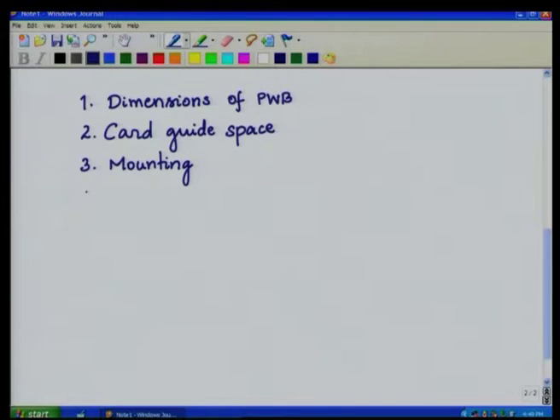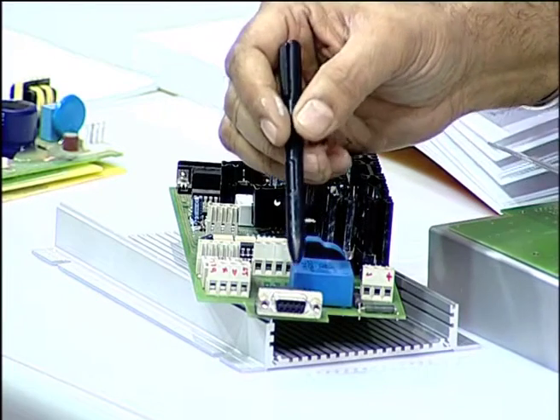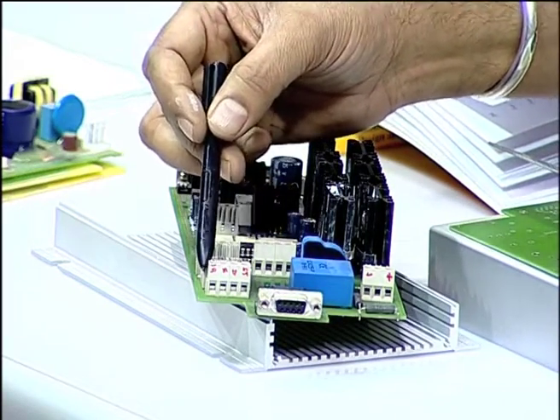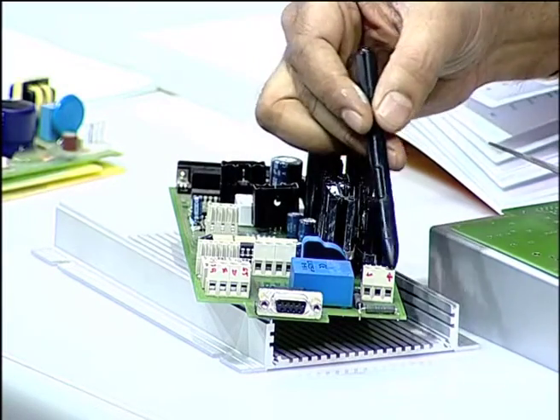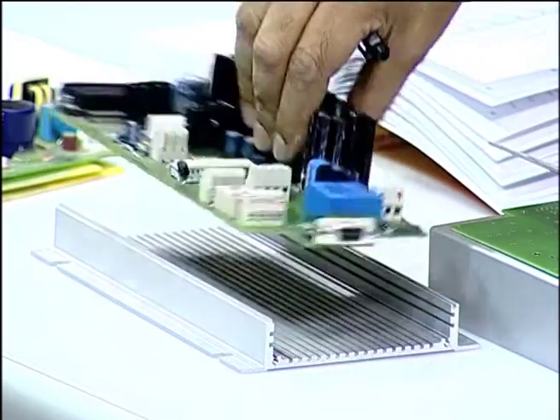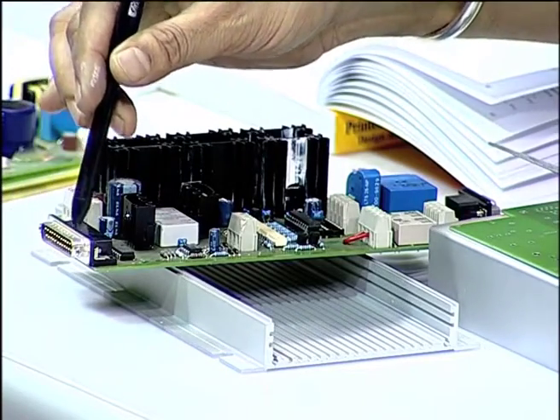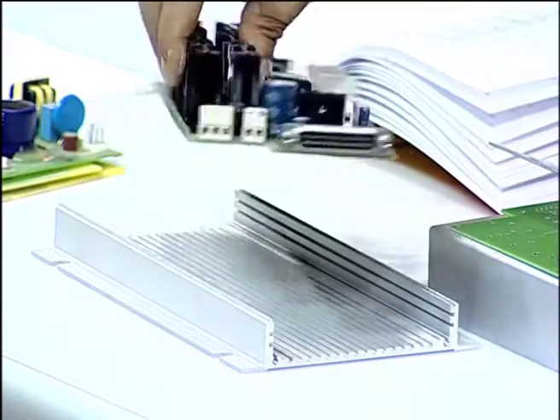And then the fourth point is the connectors. You should take care of the position of the connectors right at the beginning. Look at these. You see the connectors here, the D type connector and a few terminal mount connectors, and you have connectors on this side. Look at the connectors placed here, another D type connector.